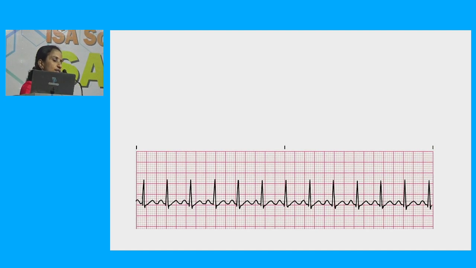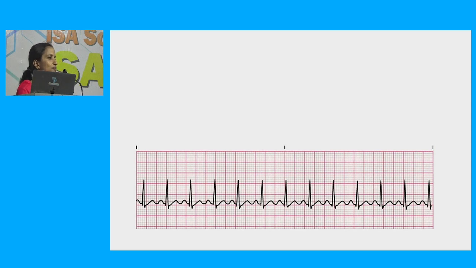Yes, very good. Hypotension. Yes. Then there can be other causes, such as physiological, then hyperthyroidism, hypoxia, hypocapnia.